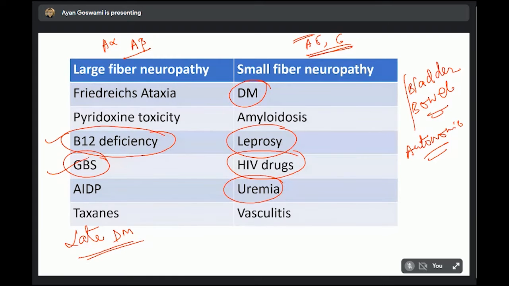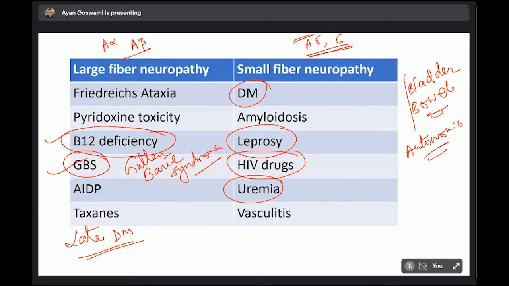What is that GBS, sir? GBS is a paralytic disorder. Full form is Guillain-Barré syndrome. It is a paralytic disorder, most commonly a sequela of viral infection.